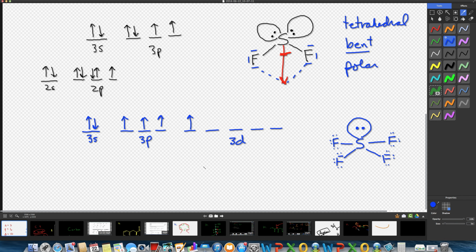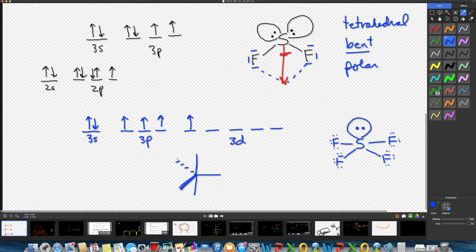So in a trigonal bipyramidal system, you want to imagine that we've taken this trigonal planar and rotated it into the plane of the screen. So all of these are 120-degree bond angles, and then you're going to have one that comes straight up and one that goes straight down.